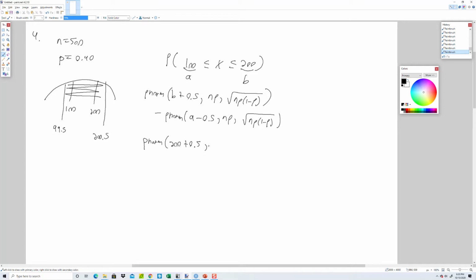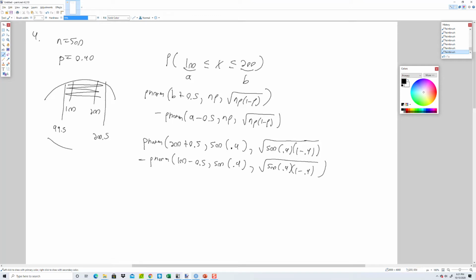N times P, N is 500, times P, which is 0.4, comma, square root of 500 times 0.4 times 1 minus 0.4, minus P norm, A minus, so A is 100, minus 0.5, 500 times 0.4, comma, square root of 500 times 0.4 times 1 minus 0.4.